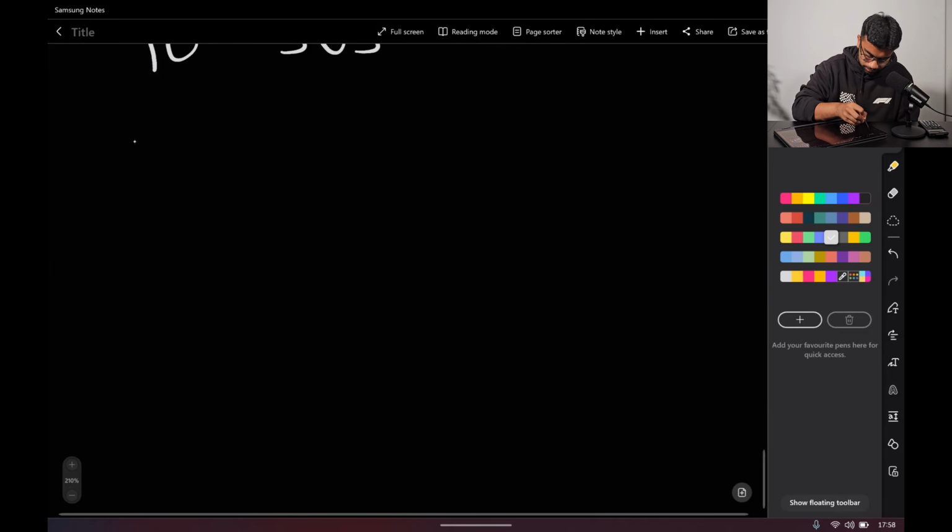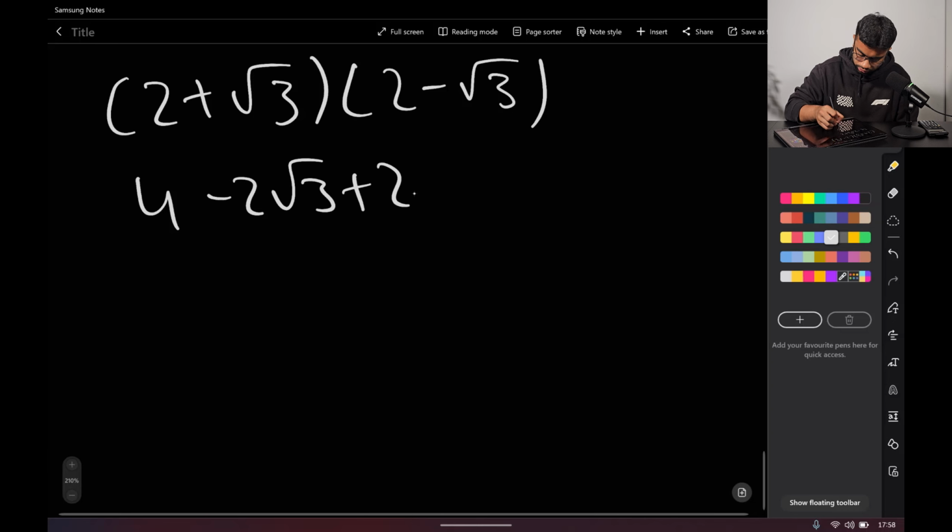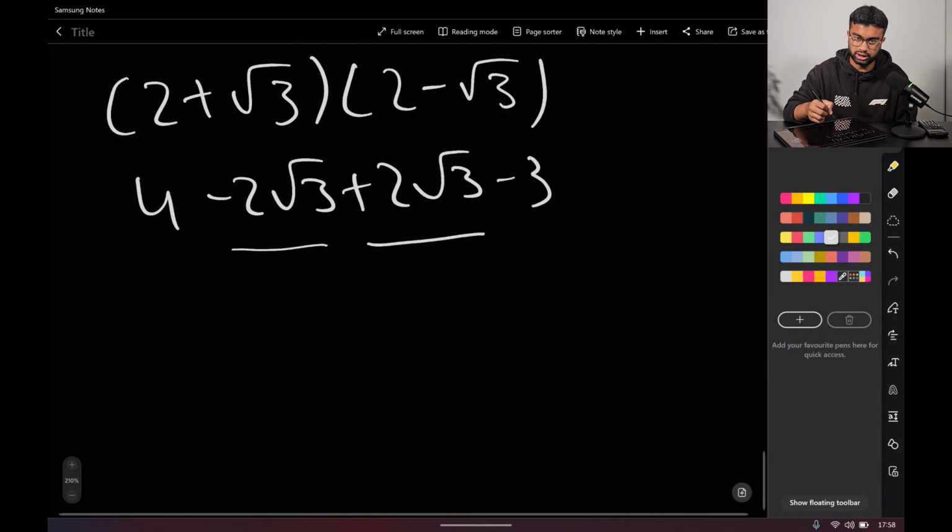And if we did 2 plus root 3 multiplied by 2 minus root 3, we'd get 2 times 2 is 4 outside, minus 2 root 3 inside, plus 2 root 3, and root 3 multiplied by negative root 3 is negative root 9, which is just negative 3. We can see that our minus 2 root 3 and our plus 2 root 3 cancel out, which would leave us 4 minus 3, which is just the same as 1.